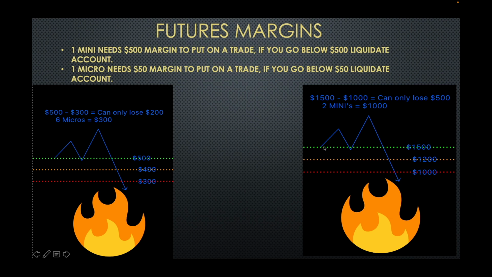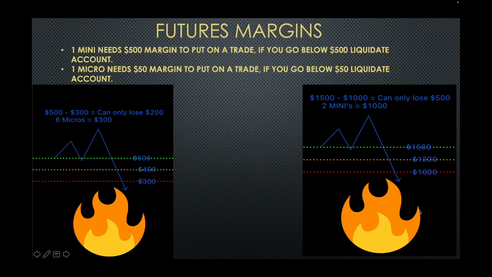So we start at $1,500, it goes up, you're doing good. Once it starts pulling back and it goes below that $1,000 mark, again, it closes your account because you need at least $1,000 in your account to hold those 2 minis. And what happens is when it goes below that, it says he doesn't have that amount of money.